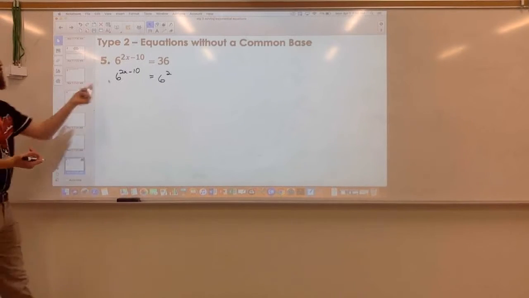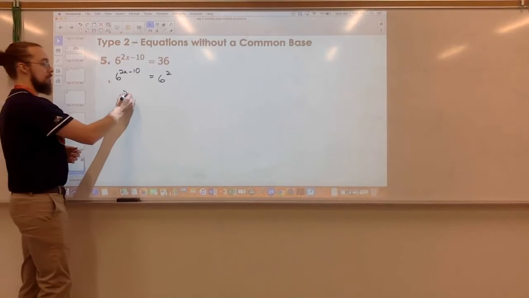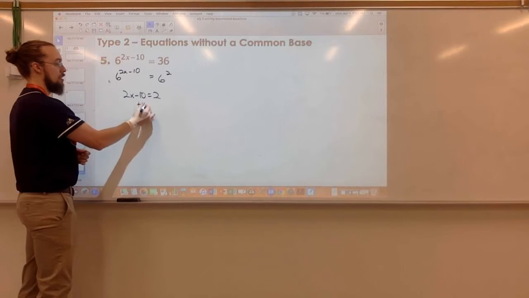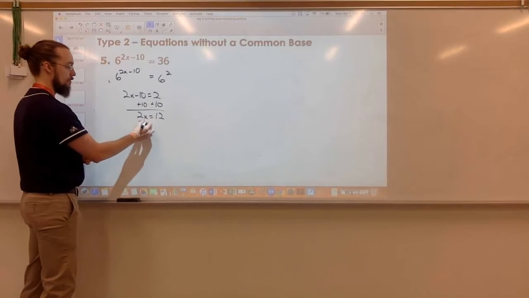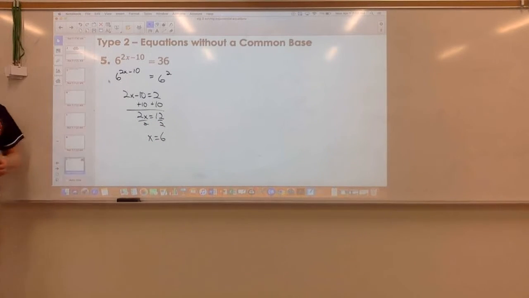So now I can take my exponents and set them equal. So 2x minus 10 equals 2. Add my 10 over. Divide by 2. And x equals 6. You okay with that one?